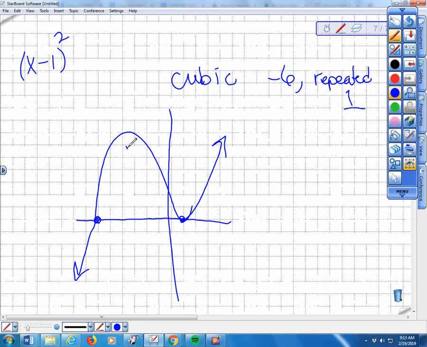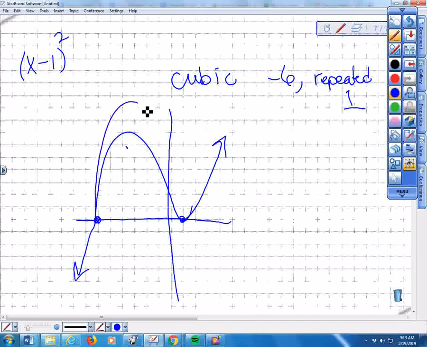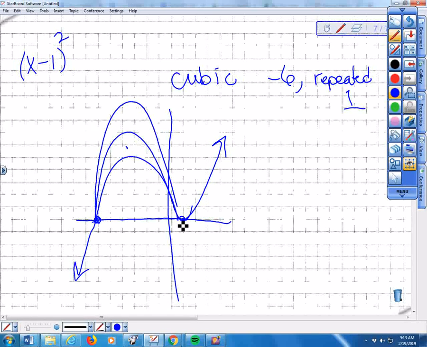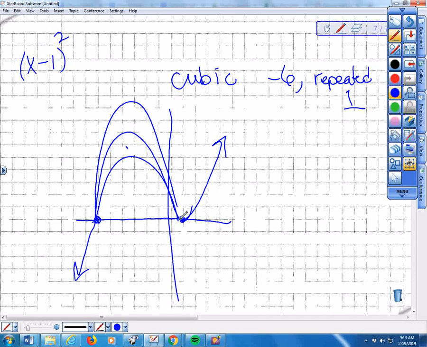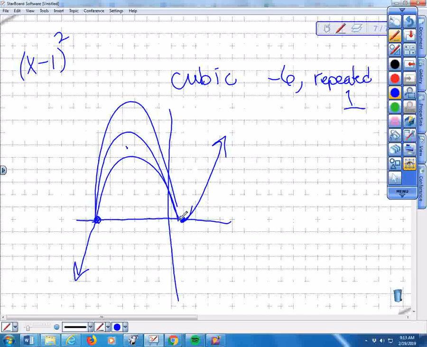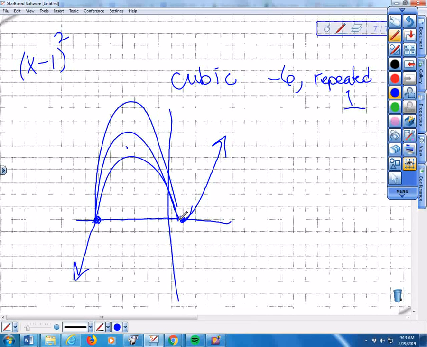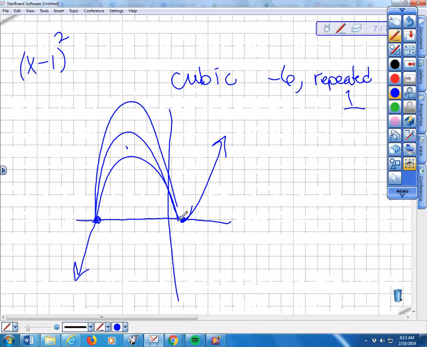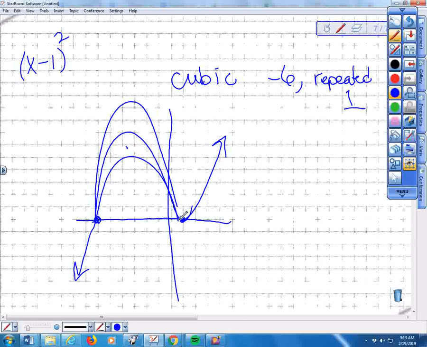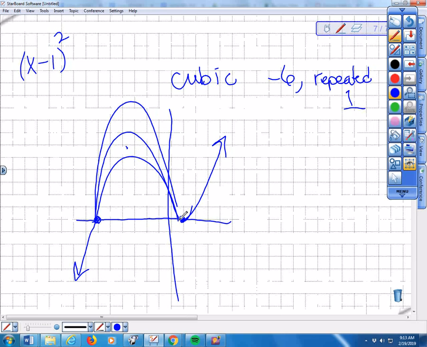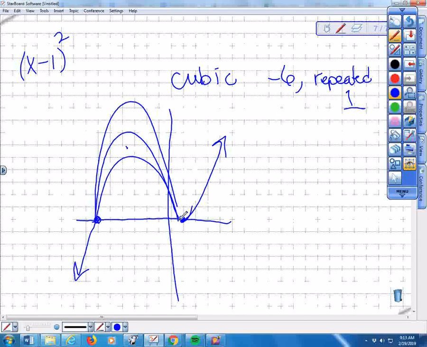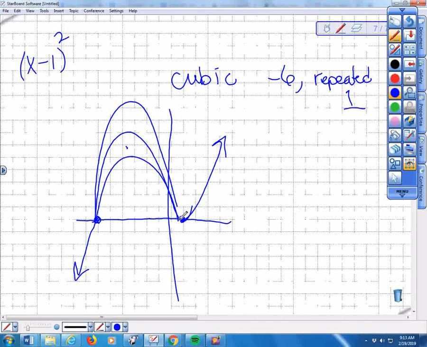I could have gone up all the way, I could have gone like this. We don't know what the height of that maximum curve is without just trial and error. We can't do that without a graphing calculator. I can do it with calculus, but you guys can't do it yet. So that's where we're going to learn graphing calculators and how to find those. But knowing what we've just gone over will allow you to sketch graphs with certain information.